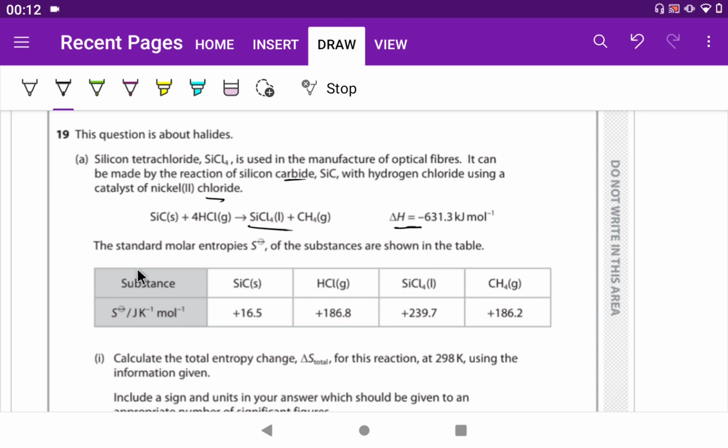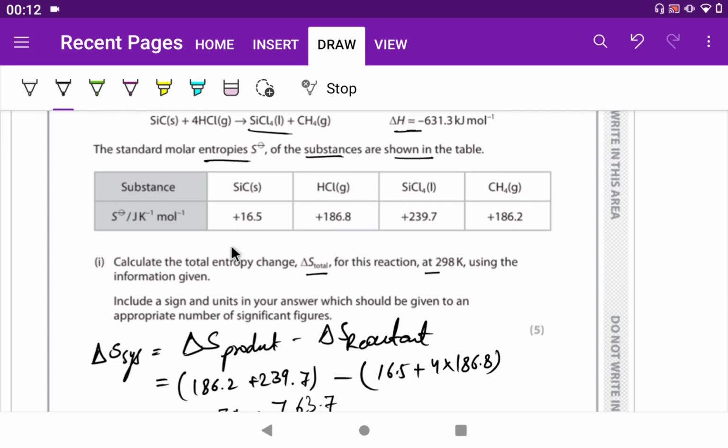It's an exothermic reaction. Standard molar entropies are given for the substances shown in the table. Calculate the total entropy change for the reaction at this temperature using the information given. Include a sign and unit in your answer, and give the appropriate number of significant figures.